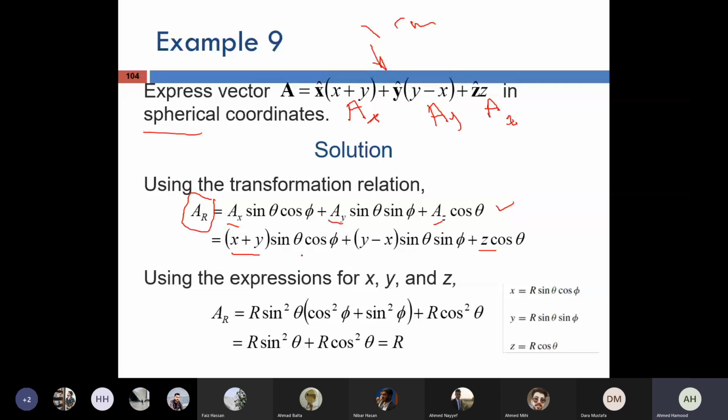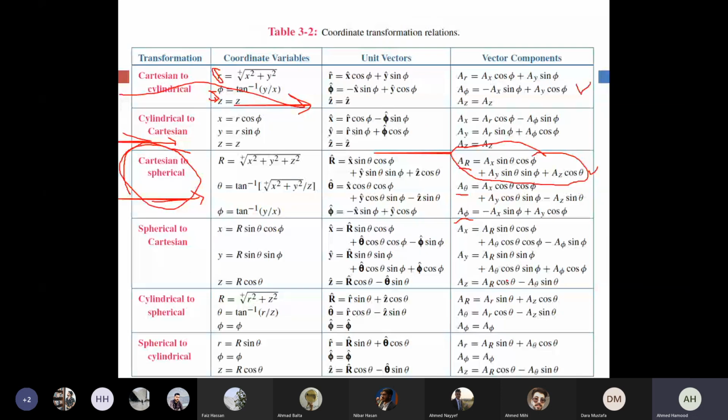So once I do it one by one, I will need X is equal to... okay, where is it? Cartesians. Yes, we have this one. 1, 2, and 3.